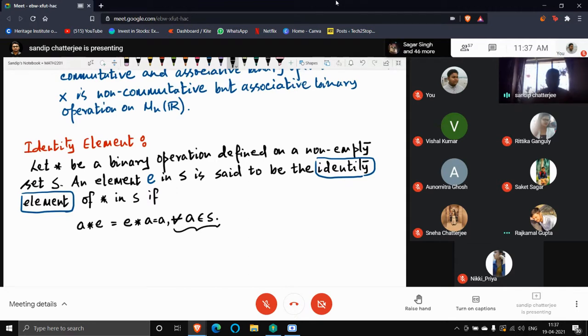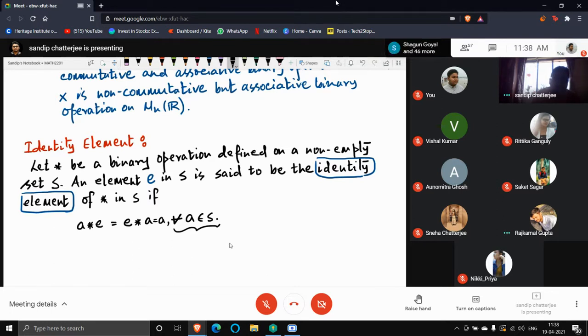Fine. So now the usual operations which we have done so far, we know who are the identity elements. In addition, 0; in case of multiplication on the set of non-zero real numbers, it is 1.